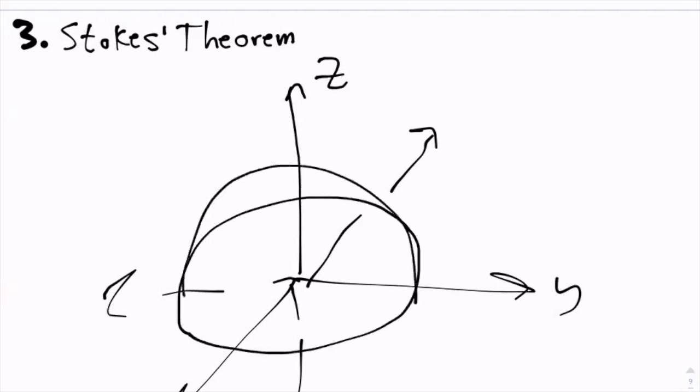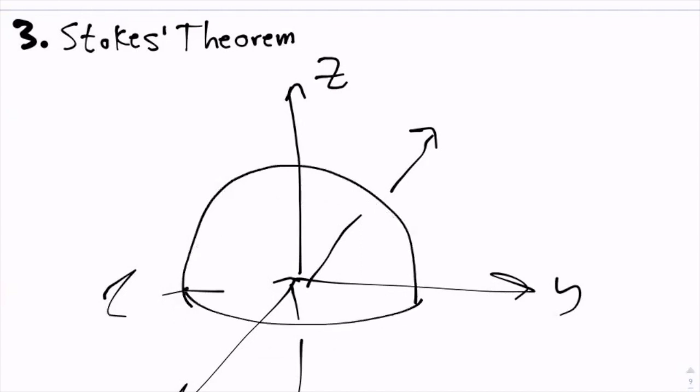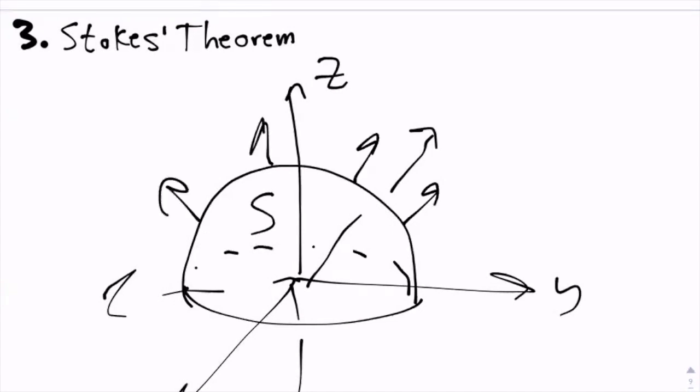Hopefully that makes sense. As always, my 3D drawing is not the best, but here we can say that this is our surface S, and then we're going to have our normal vectors, which from our previous section, we can just call N, to stick with the notation that we defined in our previous sections.